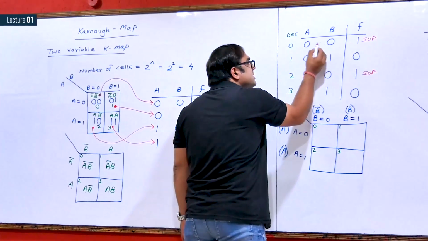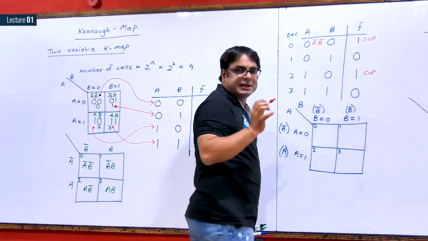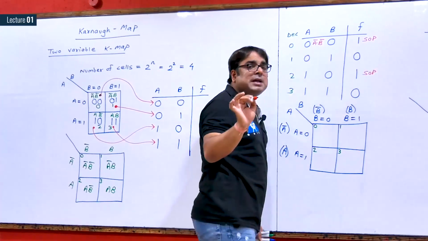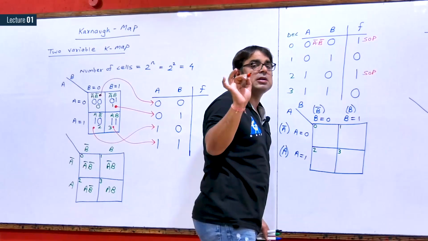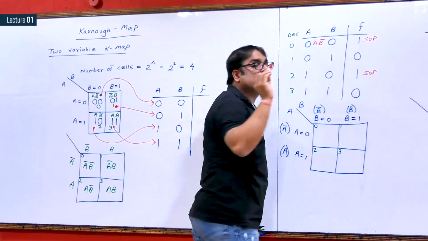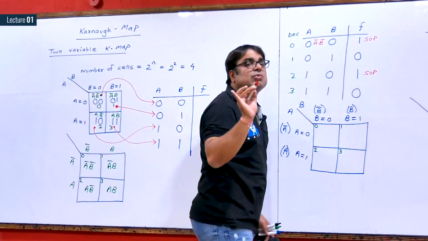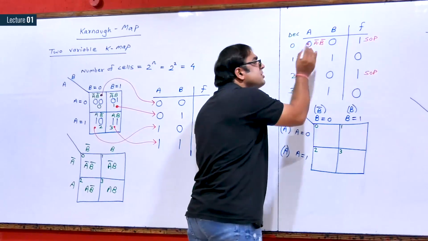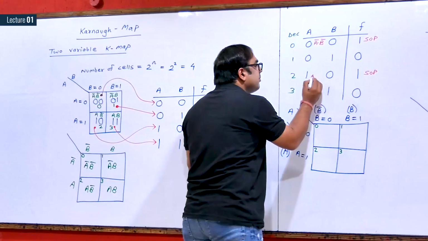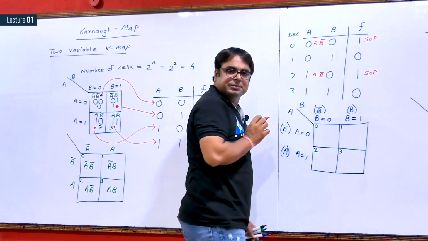What does this combination 0, 0 signify? This signifies A complement, B complement. Why is there a dot in between? Because SOP means min-terms, which means product terms. Why is it complement? Because in SOP or min-terms, 0 corresponds to complement and 1 corresponds to normal. In the same way, this combination is A dot B complement.